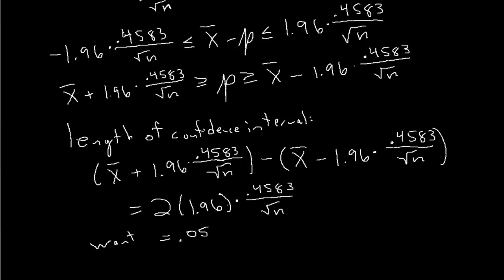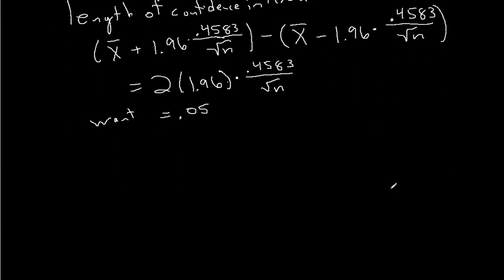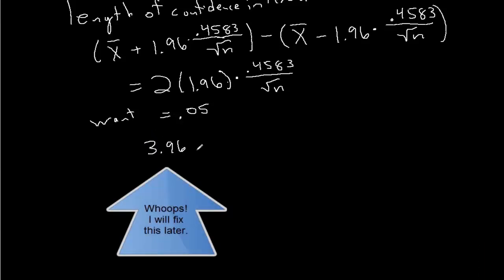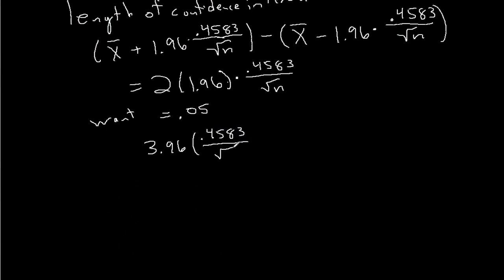So let's set it equal to 0.05 and solve for n. I'll multiply this out. 2 times 2 is 4. I got a 0.04, so multiply that by 2, I got 0.08. So take 4 minus 0.08, and we end up with 3.92 times 0.4583 over the square root of n. We want that equal to 0.05.